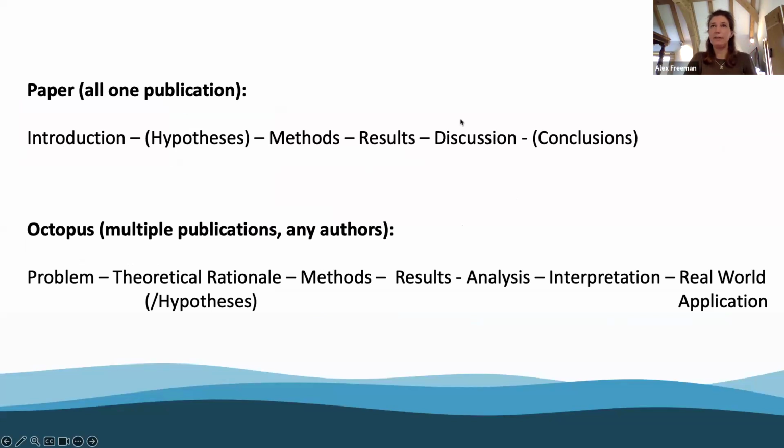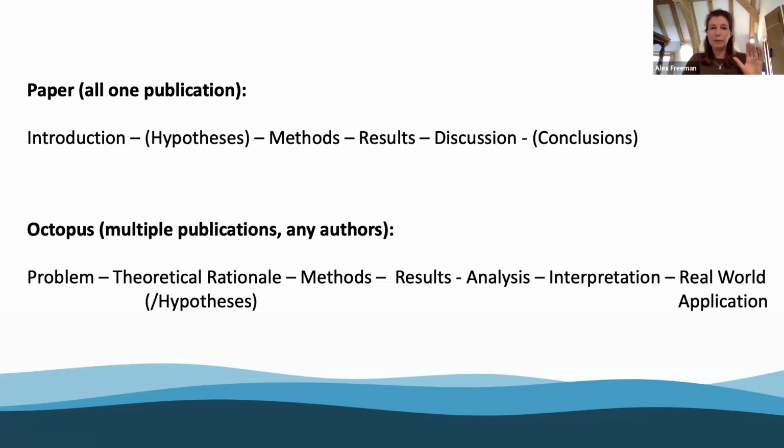You have methods, results, and a discussion. Sometimes you have a different conclusion section. But in Octopus, you have these branch chains where you have different publication types. And really the difference comes in a couple of places: the problem and theoretical rationale, and the results and analysis.